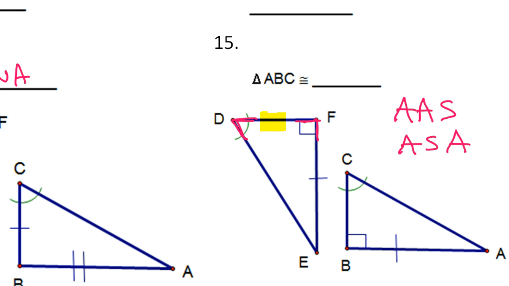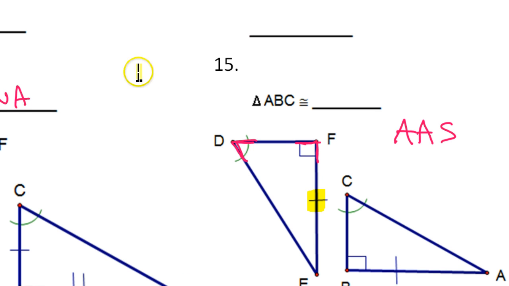So it's not the included side, which means it cannot be angle, side, angle. Instead, it's a non-included side. So that means angle, angle, side is the theorem that we want. Okay, great.